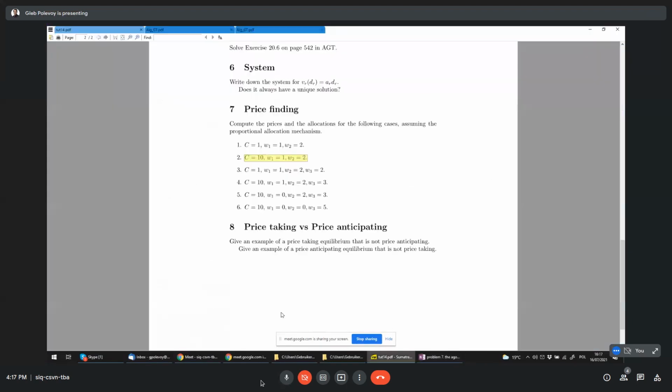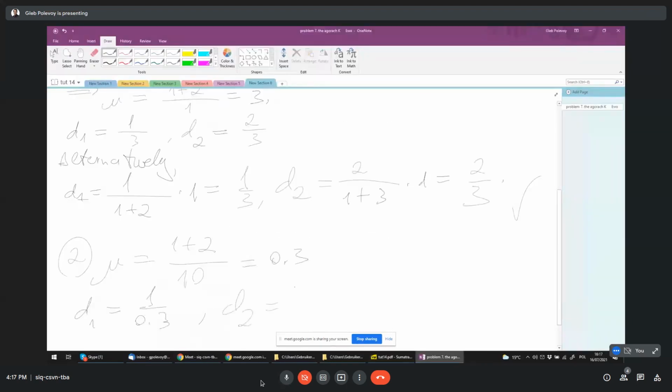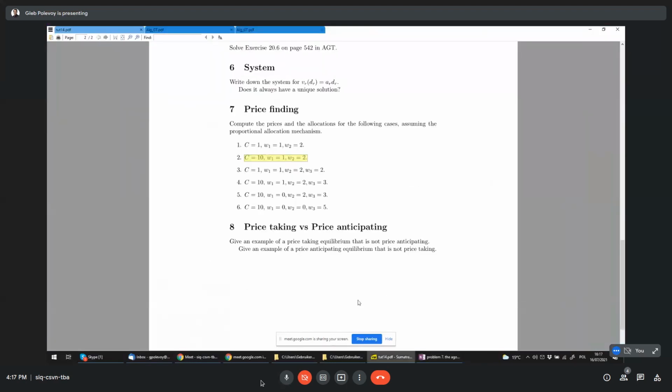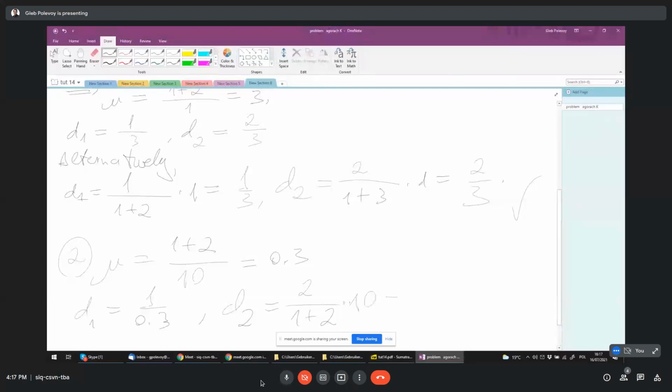So what are the relative bids? The relative bids are 2 divided by 1 plus 2 times C. So it's 20 divided by 3, which is 6 and 2 thirds. Doesn't matter. It's enough.